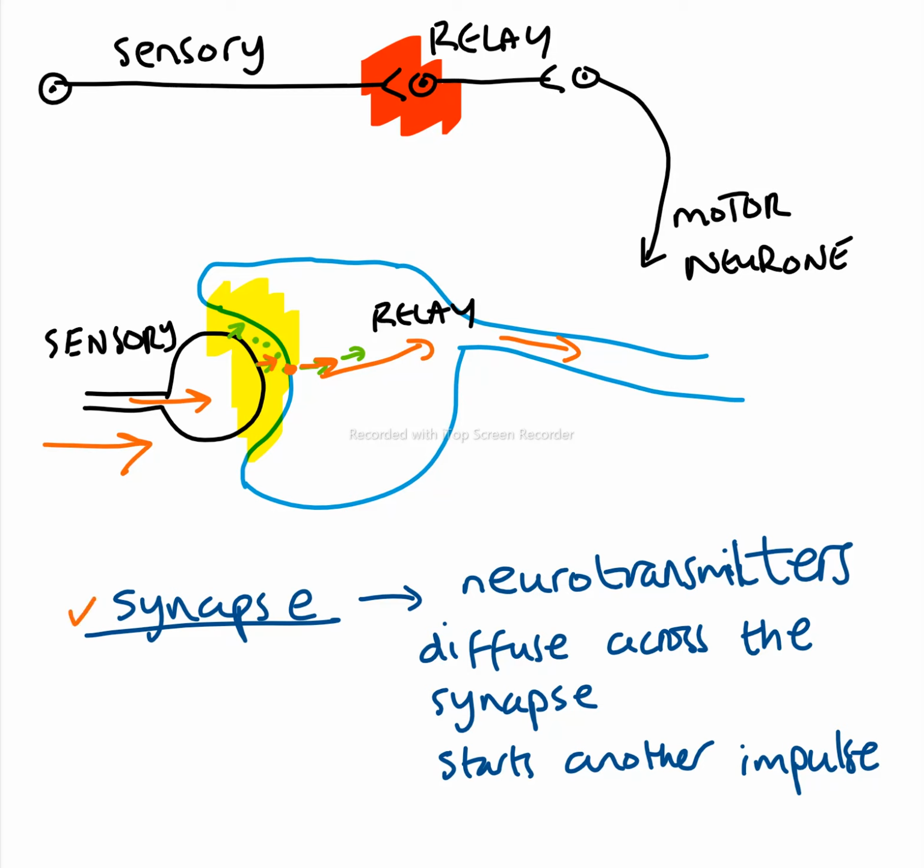So you need to learn the words synapse, neurotransmitter, diffuse, and then start off another impulse. This is how you get across the impulse, or trigger another impulse and get the signal to continue on. And I think that's all you need to learn about neurons.